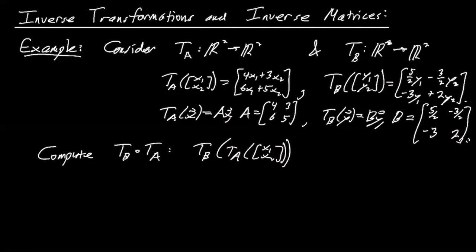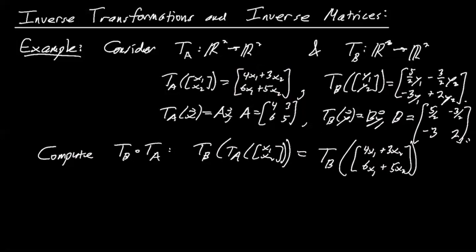Did you do it? Let's find out. All right, so we're plugging x1, x2 into T sub A, and we're going to get this formula, right? So that's T sub B applied to 4x1 plus 3x2, 6x1 plus 5x2.